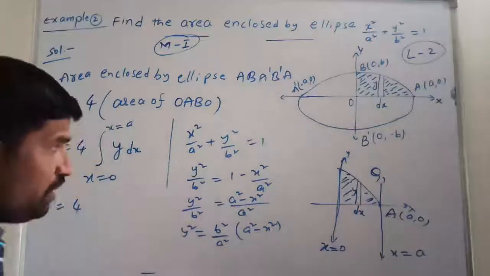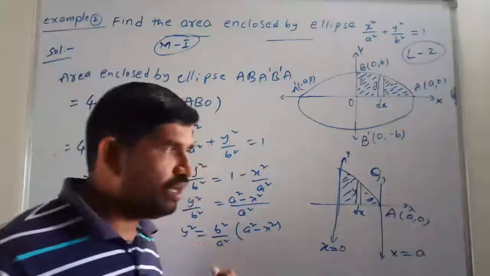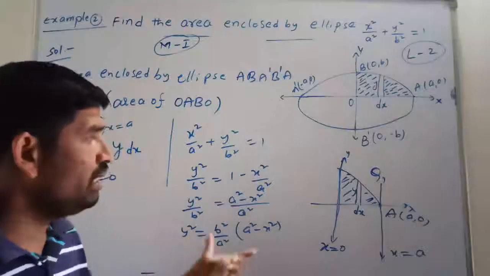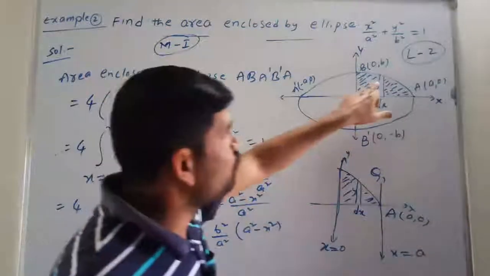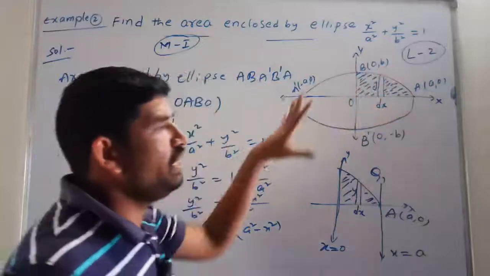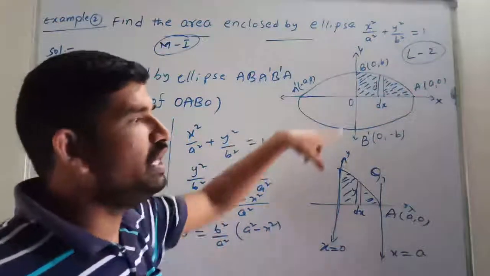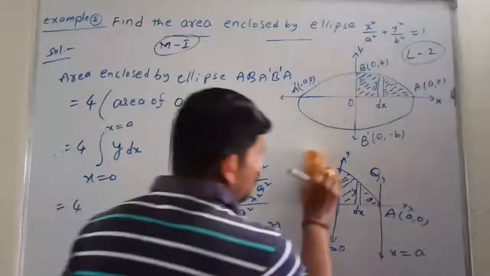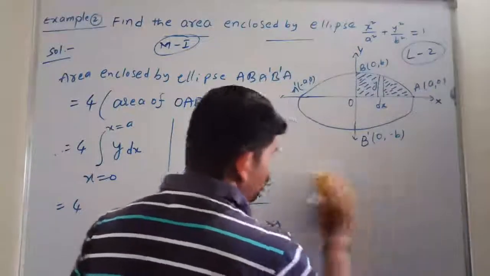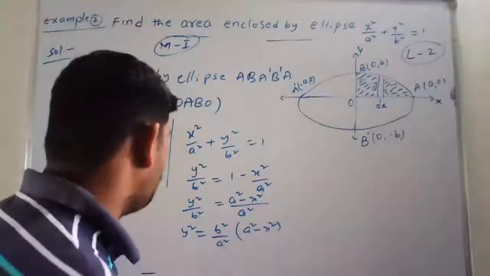But students remember, we are not going to get y square, we have to get y. And one more thing, whatever y we get from this is present in the first quadrant. The y we are taking is in which quadrant? First quadrant, means that is positive only. I will remove this part because it is not necessary for us.